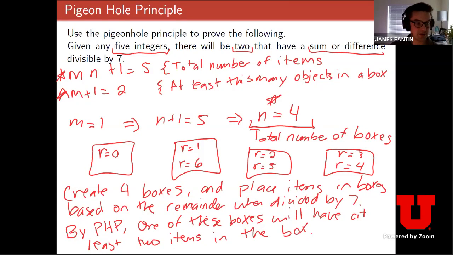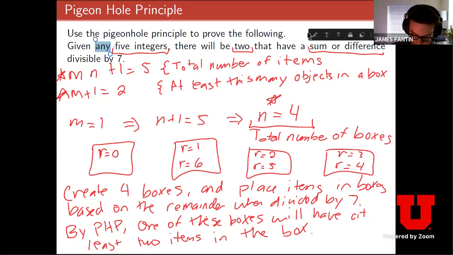And so now that we've set up the problem statement this way, we've created our boxes, and we know that we're going to have at least 2 items in a box. Now we have to prove that in any case, if 2 items are in box 1, box 2, box 3, or box 4, any 2 of those values that are in there have a sum or difference divisible by 7.